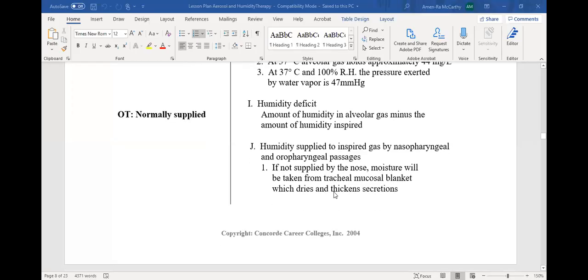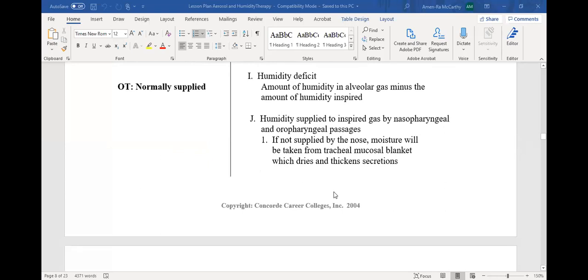All right. So here we are. Humidity deficit. Now, when we're dealing with humidity, we said that humidity outside in the ambient air is different than the humidity inside. Inside, we are 100% relative humidity, right? But say you are in Arizona, somewhere in the desert.